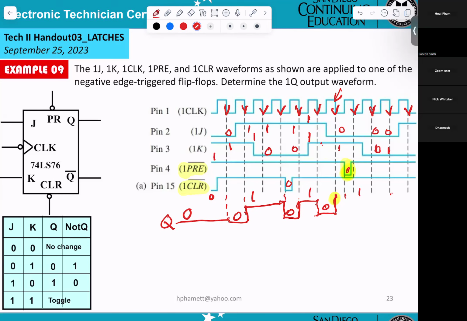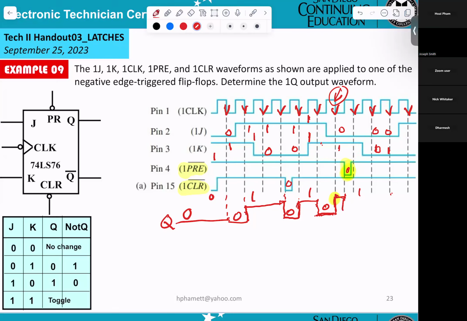It was one, now it goes to 0, and there is no problem. It stays 0 up to this clock, and at this clock you get J is 0, K is 1, so the output will be 0. That's right, going down.